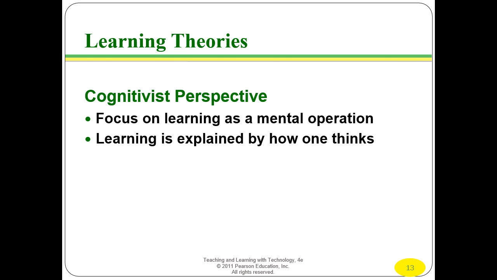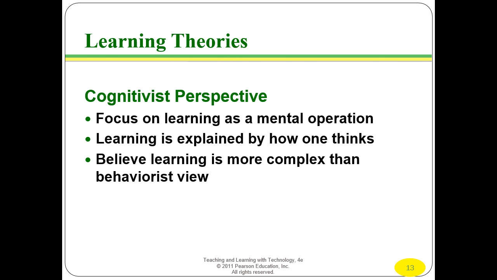What do you think about something? What is the mental process that takes place when you are thinking about whatever it is that you're thinking about? And obviously, they think that learning is a whole lot more complex than just giving somebody a reward or punishment for a certain kind of behavior.